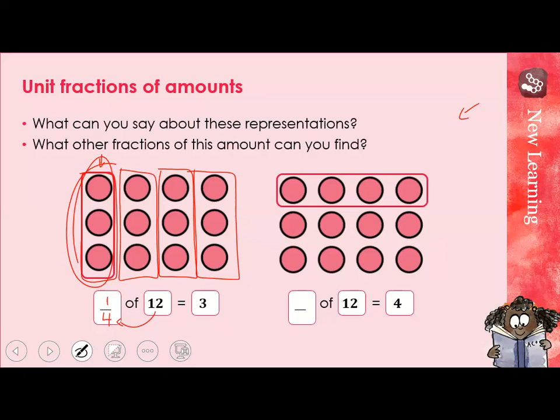Well, I've got 1 row at the top there. This is my second row, so 2 rows. And then 3 rows. So I split the 12 into 3 equal parts, and I highlighted at the beginning 1 of those equal parts, 1 of those sets. So 1/3 of 12 then is 4.